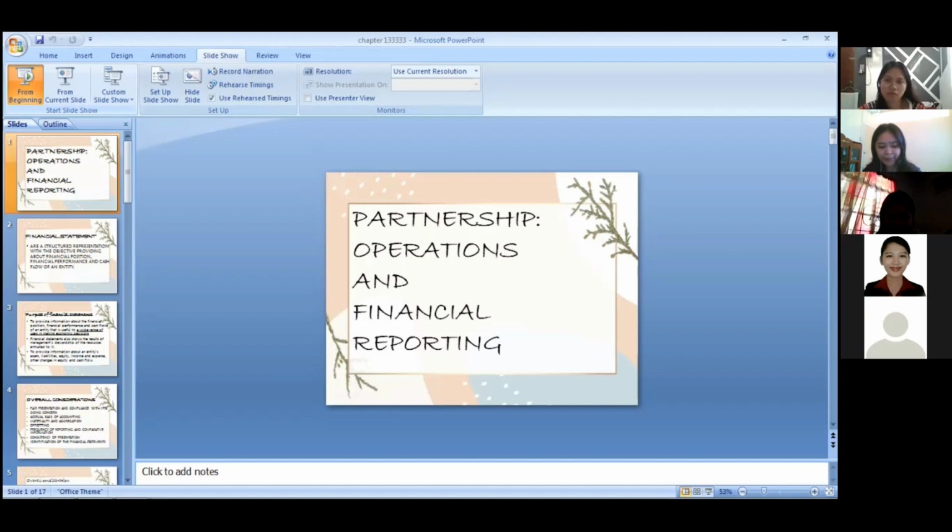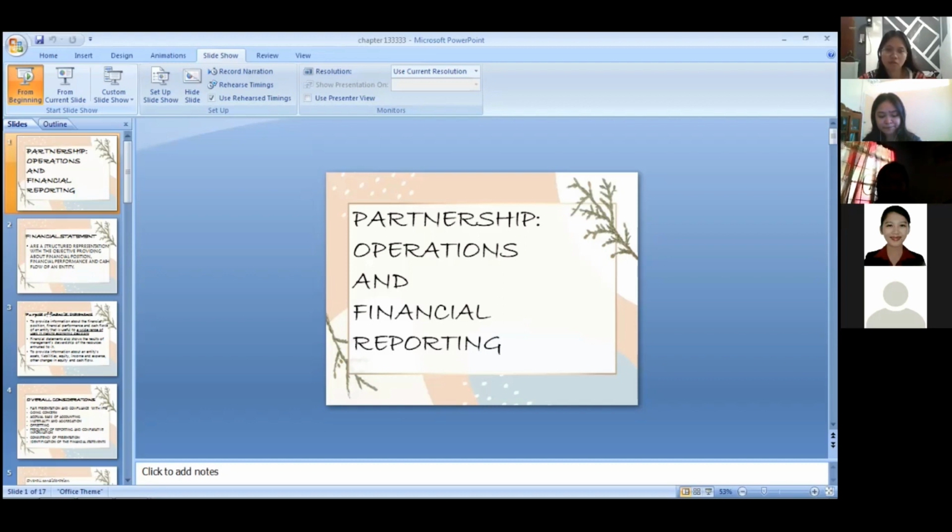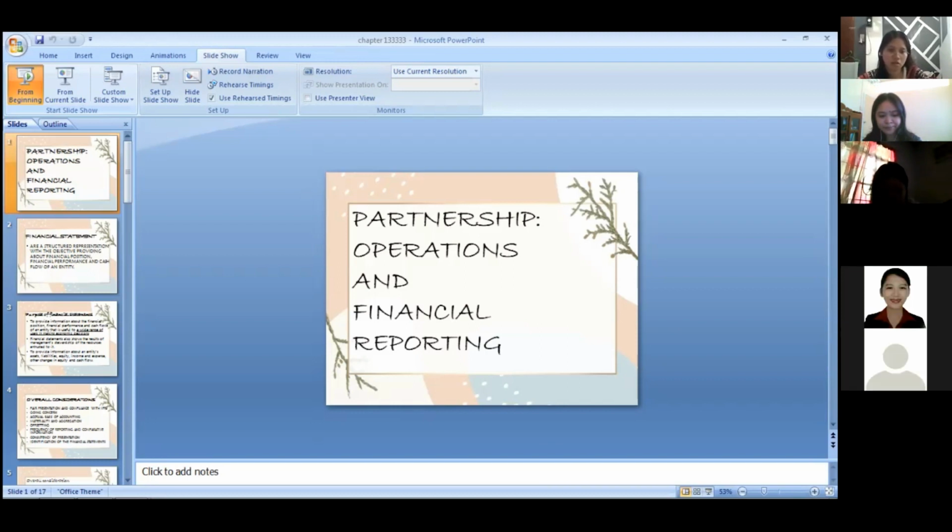This information is used by the readers of financial statement para makagawa ng desisyon about sa allocation ng resources. Tapos sa overall consideration, meron yung fair presentation and compliance with IFRS, going concern, accrual basis of accounting, materiality and aggregation, offsetting, frequency of reporting and comparative information, consistency of presentation, identification of the financial statement.